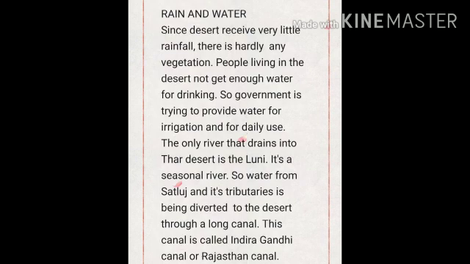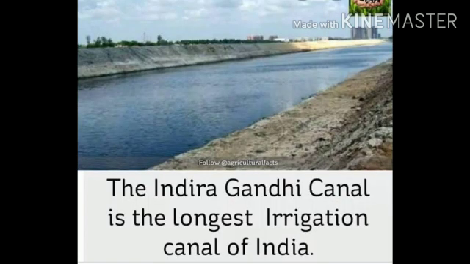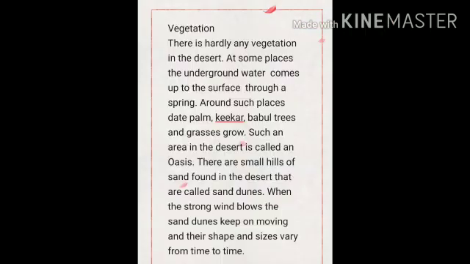It's a seasonal river. So water from the river Satluj and its tributaries is being diverted to the desert through a long canal. This canal is called the Indira Gandhi Canal or Rajasthan Canal. This canal provides drinking water to the people of Rajasthan and water for irrigation.